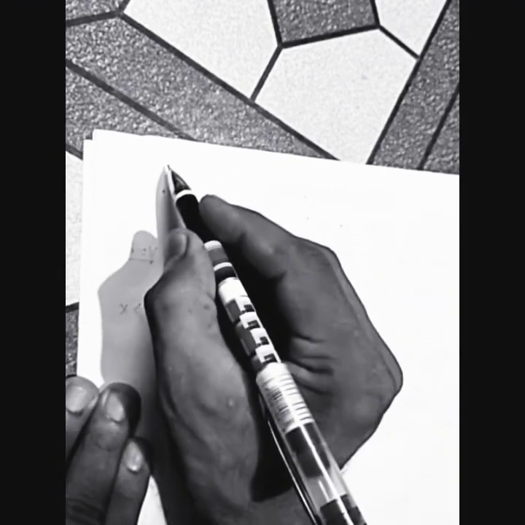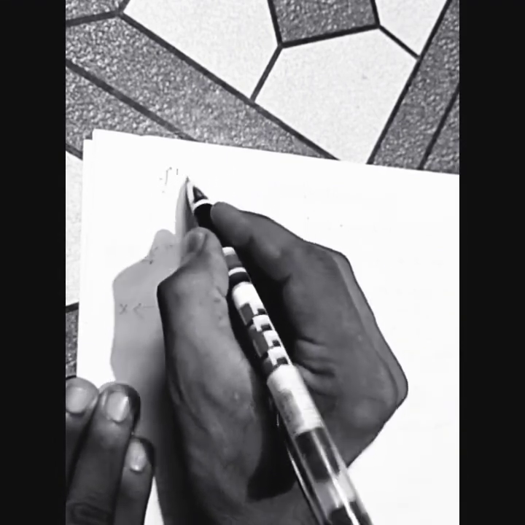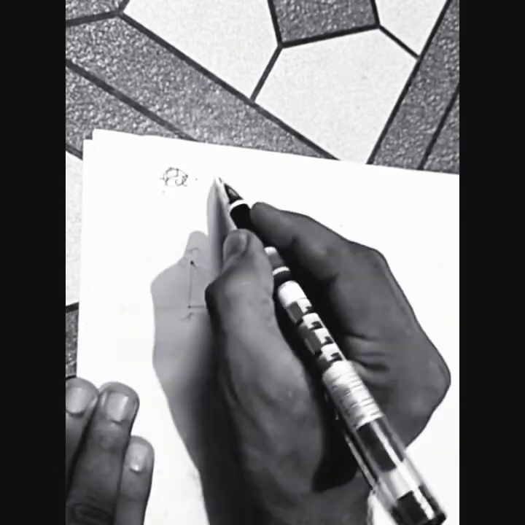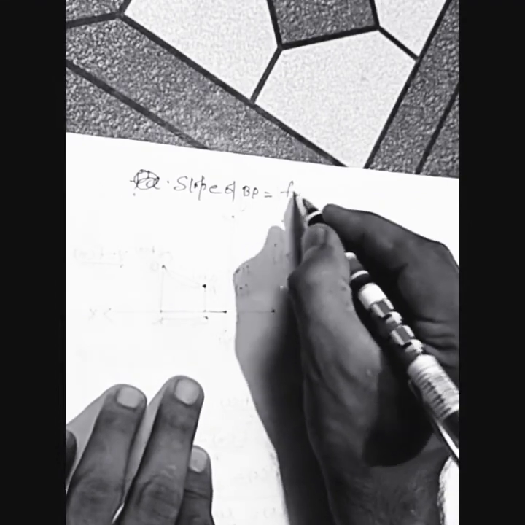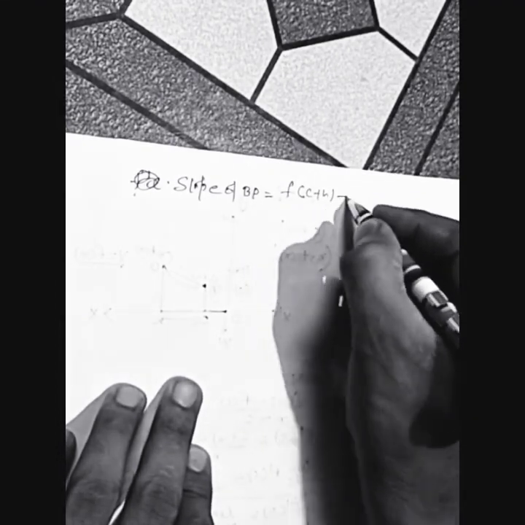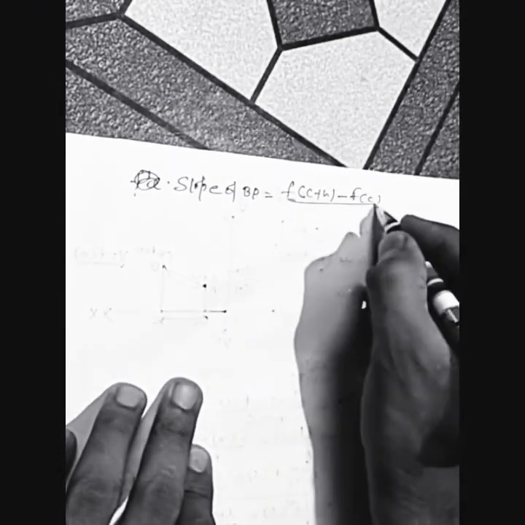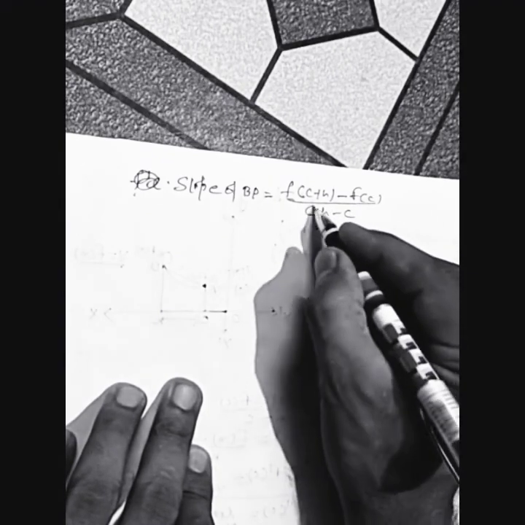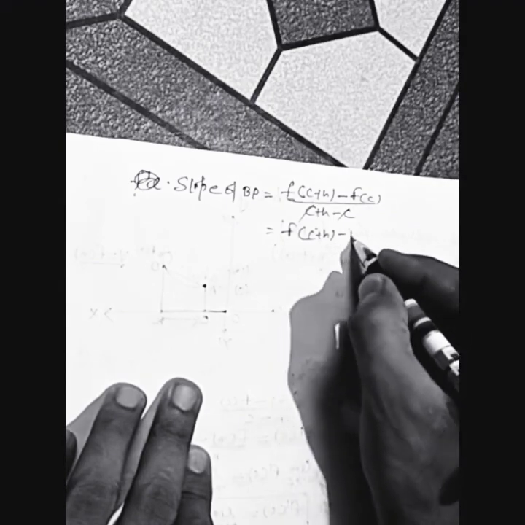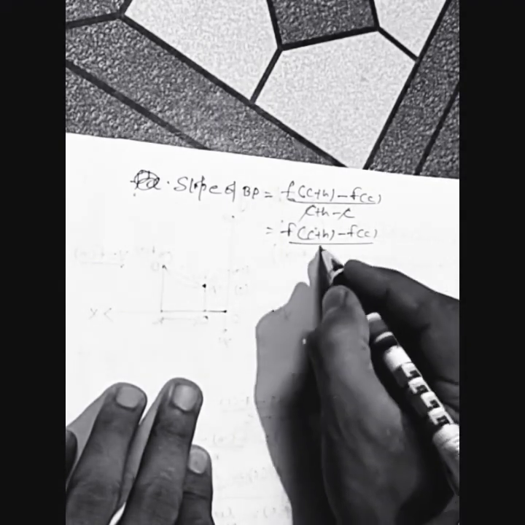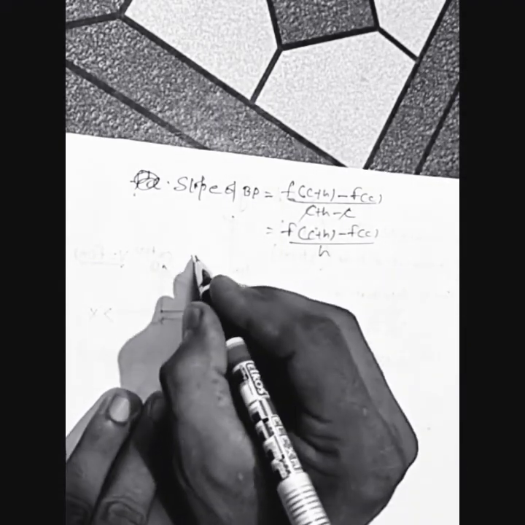See, similarly, slope of BP equal f of c plus h minus f of c divided by c plus h minus c. C gets cancelled, so you will get f of c plus h minus f of c divided by h, and this can be taken as f dash c.